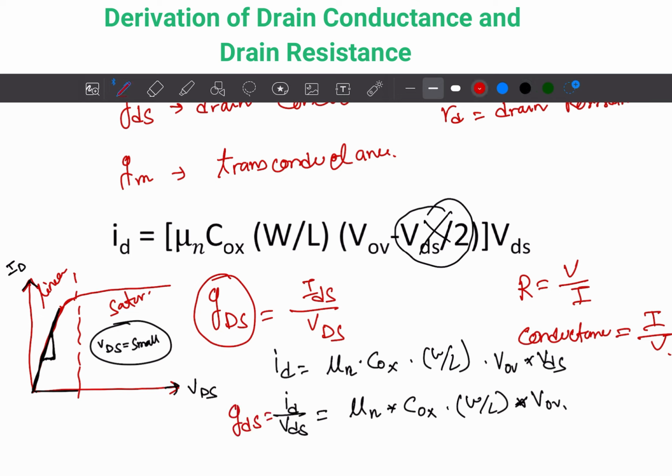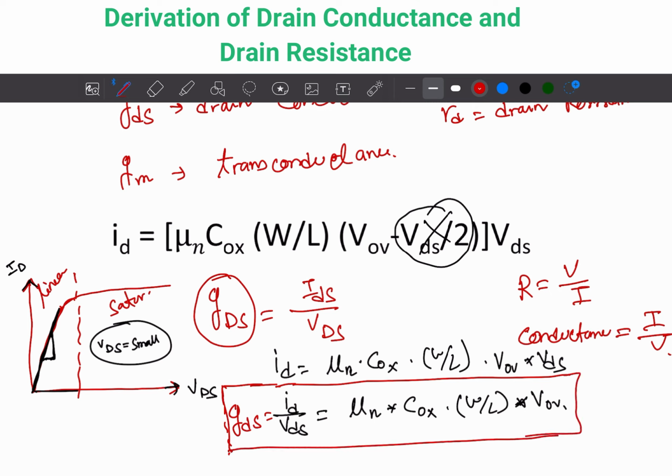This is the equation of the drain conductance: GDS is equal to ID by VDS, equal to mu n multiplied by COX, the oxide capacitance, multiplied by W, the width of the channel, by L, the length of the channel, multiplied by VOV, the overdrive voltage, where VOV is equal to VGS minus VT. Okay, so this is the value of the drain conductance.